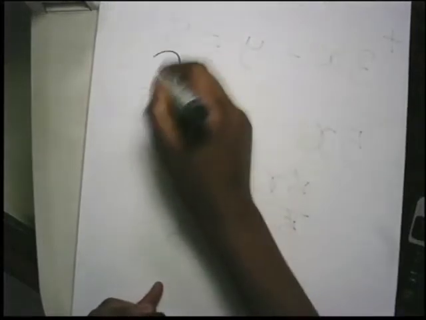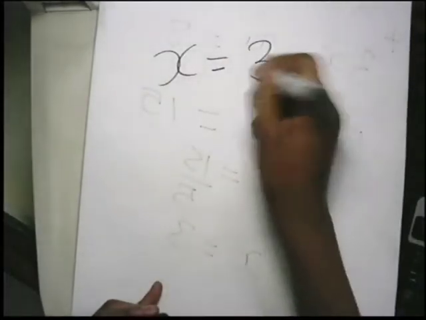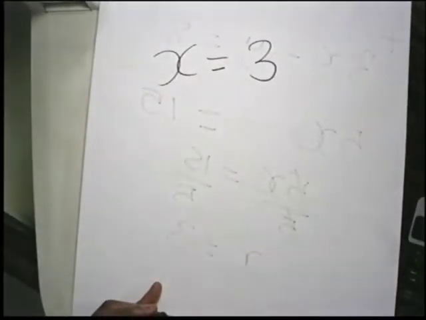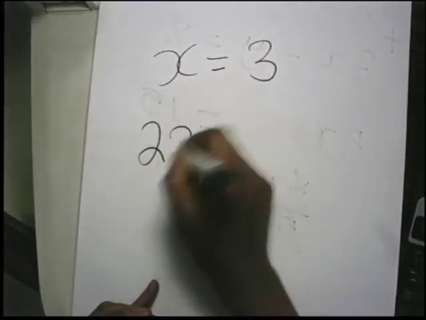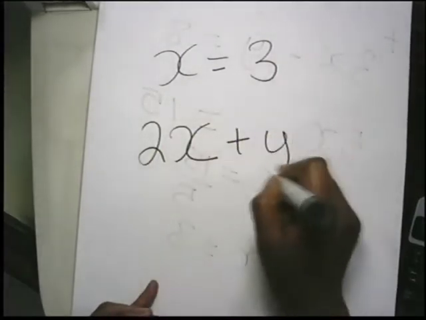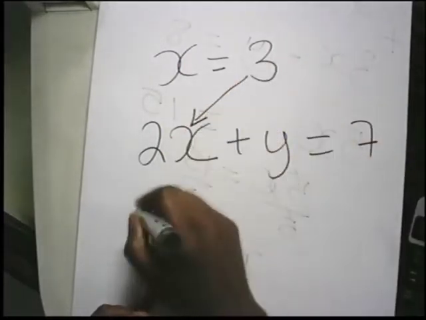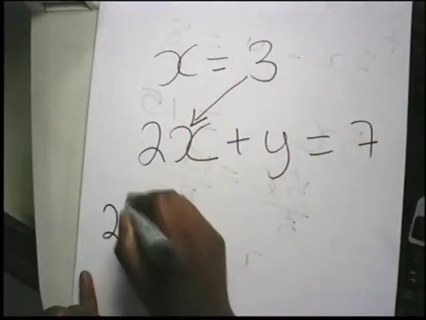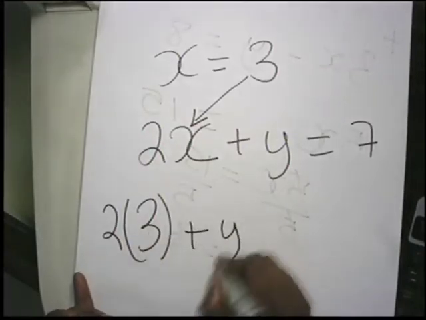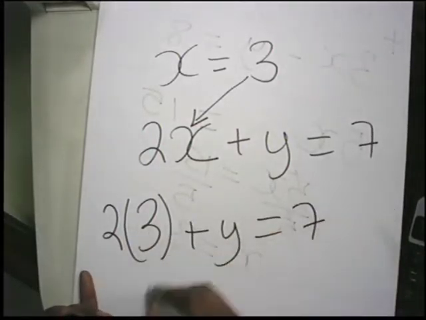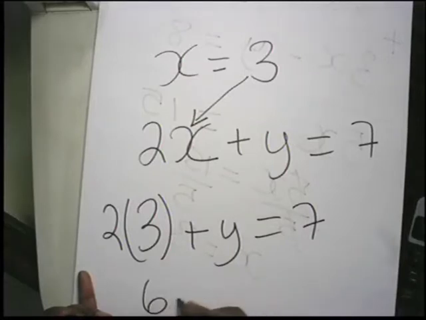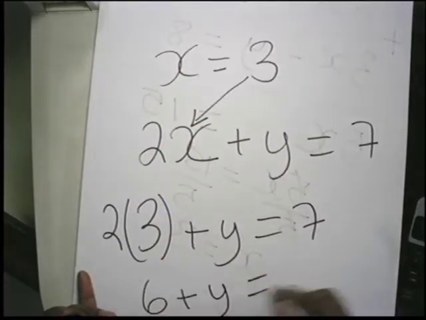Okay, remember we got our x to be equal to 3. Our original first equation was 2x plus y is equal to 7. Now in place of x, you should put 3. Then we have 3 multiplied by 2 plus y is equal to 7. Then this will give us 6 plus y equal to 7.